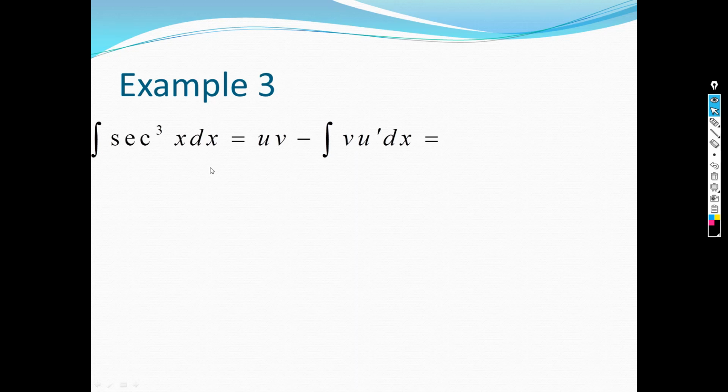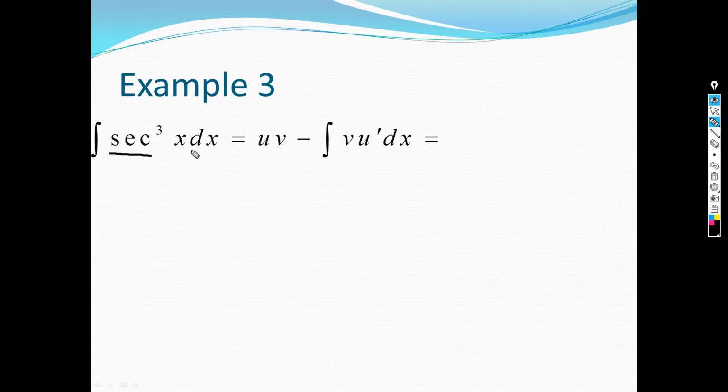So remember here the procedure is to identify u and v prime from this integral right here. So we have just one term here, but we can break it up. Secant cubed can be written as secant squared times secant. And we can take the derivative of secant and we can integrate secant squared.